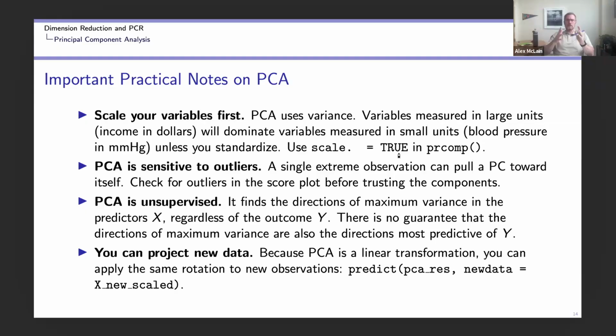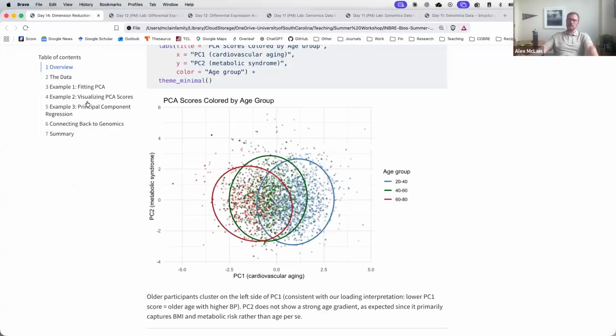We don't want to do that. We want to give all the variables the same chance. If a variable has a tiny scale or a huge scale, we want to put them on equal footing. Principal components is sensitive to outliers, so a single extreme observation can pull the PC toward itself. That is one of the reasons why we log transform some of those variables when we started our analysis.